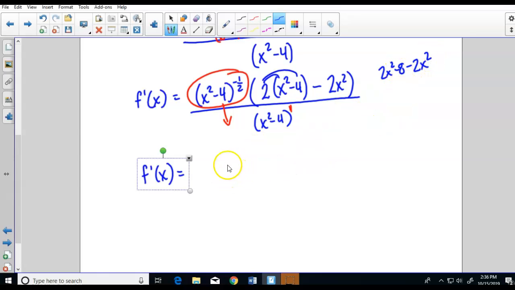So you'll just have the negative 8 in the numerator, and then you'll have x squared minus 4 to the 3 halves power here, because you'll add the 1 and the 1/2 whenever you move this down. And that we can just leave as it is. They might change it back to roots.